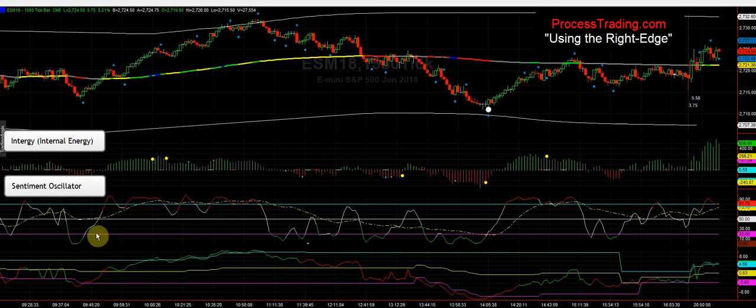And in this case, we see that the momentum comes up through the bottom of the oscillator and cuts through the midline. And most importantly, it cuts through the sentiment line. And you can also think of the sentiment line as conviction. So we have a strong tendency to the upside with conviction following through.